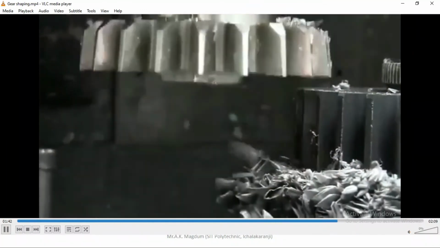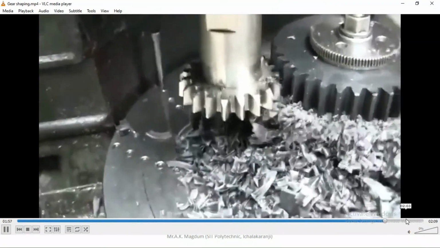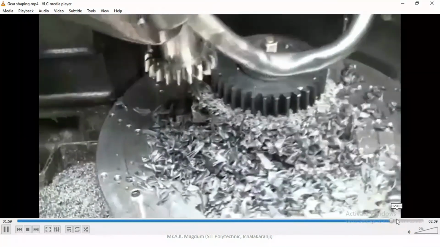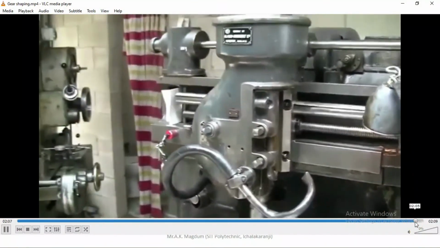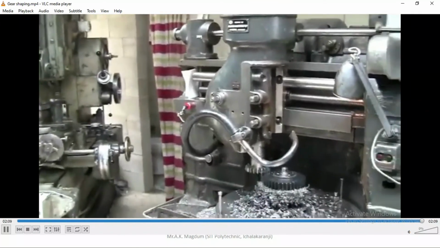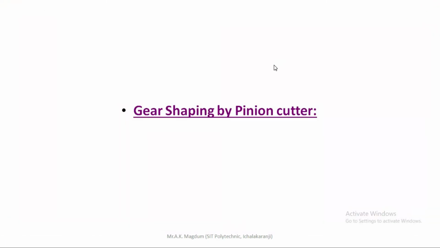That ready gear is available with you. Here you can easily observe how that operation is carried out. So this much regarding the process of gear manufacturing by gear shaping with a pinion cutter.